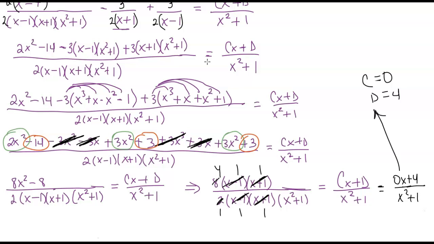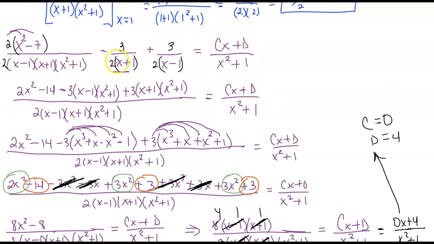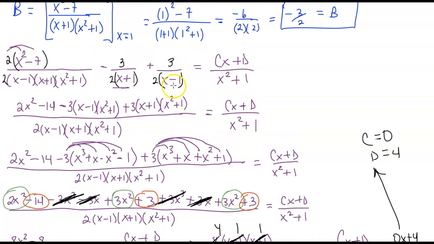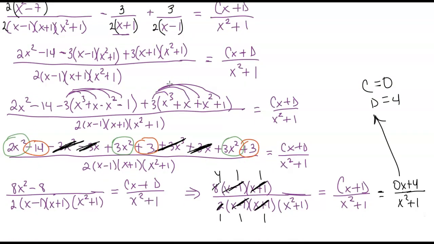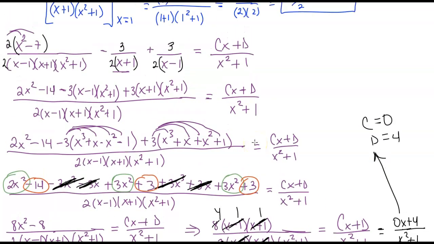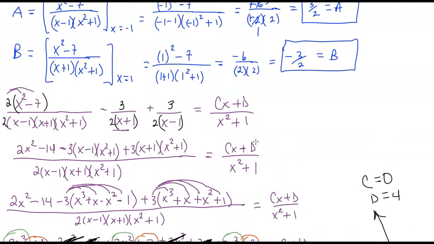This method may be faster than just kind of putting everything together way up here at the beginning as just one quotient and doing systems of equations. Some people may feel more comfortable doing that. Other people may feel comfortable doing the method that I did here. But I at least want to showcase this method because I haven't shown it yet. Okay. All right. So now that we know what C and D are, then we have everything that we need.